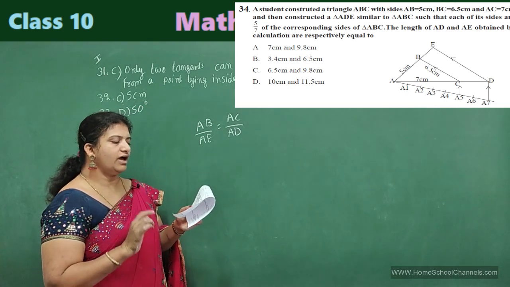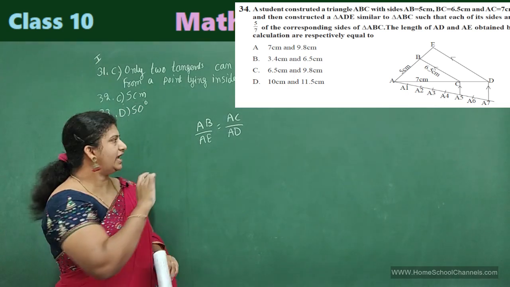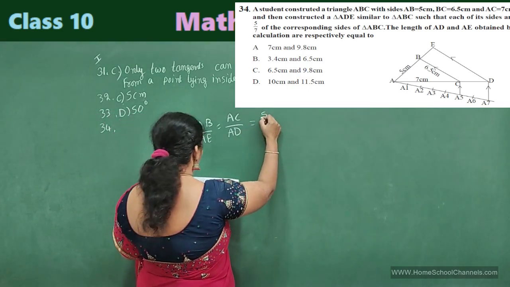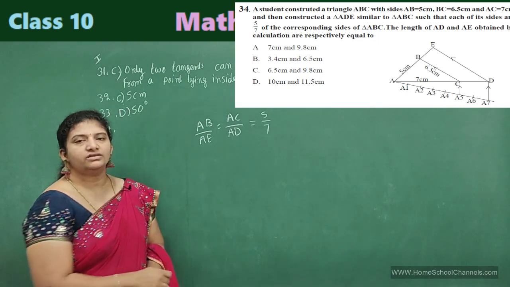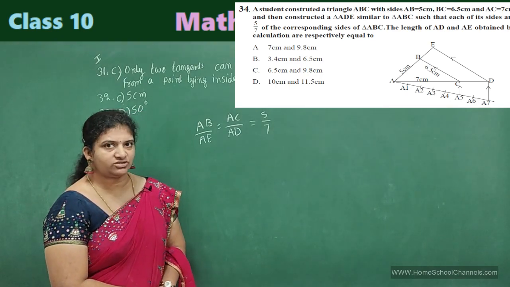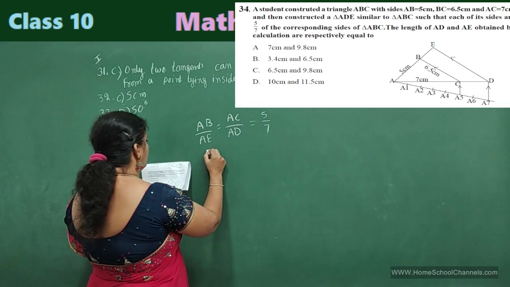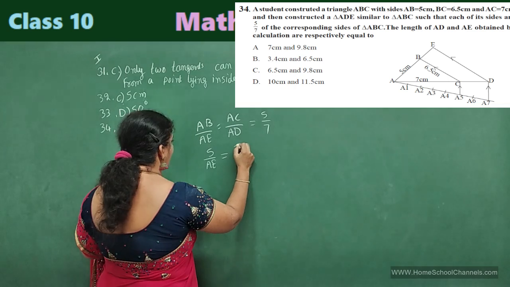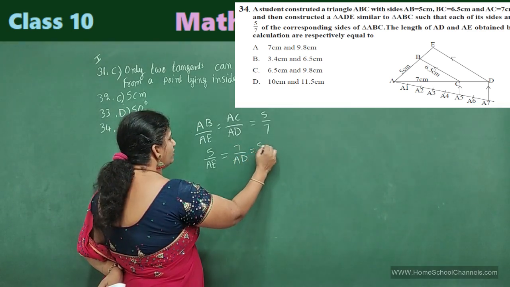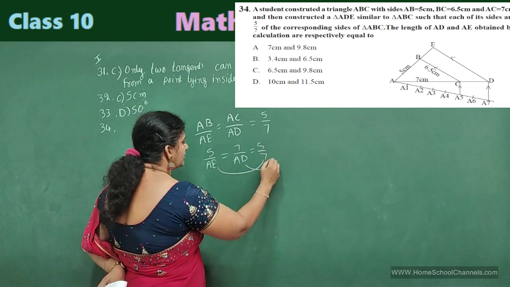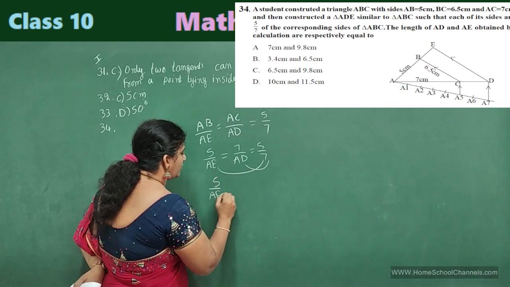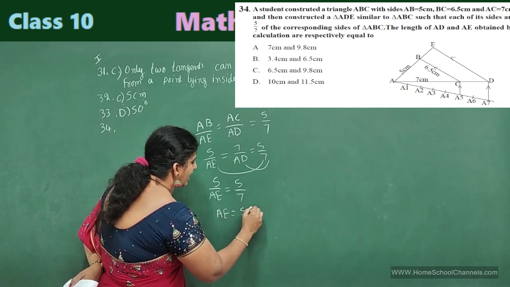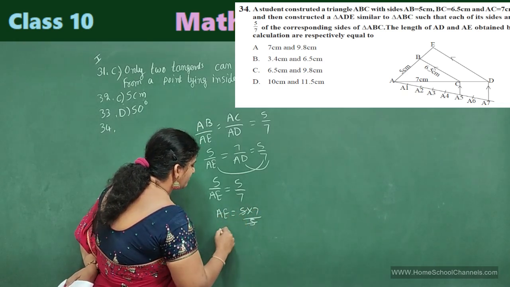Why? They have asked us what is the length of AD and AE, and these ratios are equal to 5:7. The three sides are in the ratio 5:7. So given AB is equal to 5 by AE is equal to AC value is 7 by AD is equal to 5:7. Equate them. 5 by AE is equal to 5 by 7. AE is equal to 5 into 7 by 5. 5 cancel.